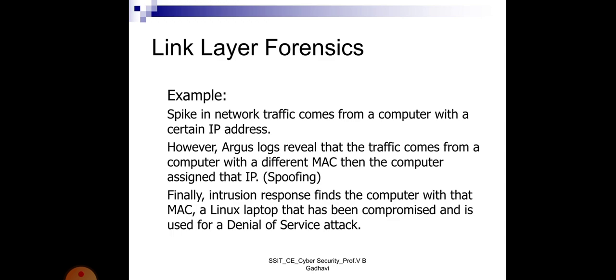However, the Argus log revealed that the traffic comes from a computer with a different MAC. Then the computer assigned that IP is spoofing. You are already aware of spoofing.